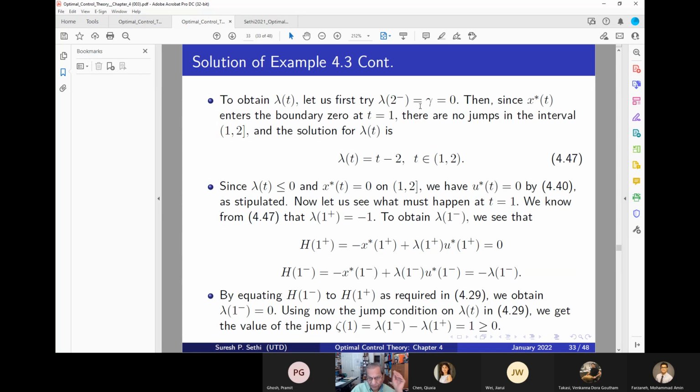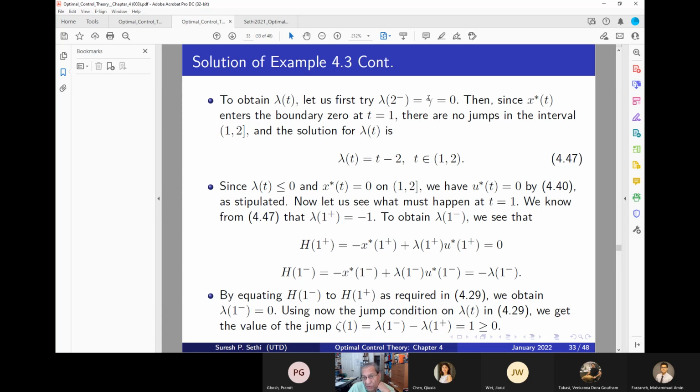So then there are no jumps in the interval 1 to 2. Well, actually we included 2 here because we already decided that lambda 2 doesn't jump, because lambda 2 we already know is 0 because there is no salvage value. So lambda 2 is 0, and lambda 2 minus we also now assume to be 0, so there is no jump all the way to 2.